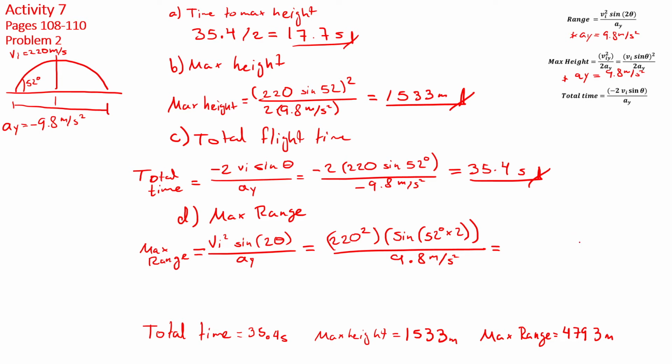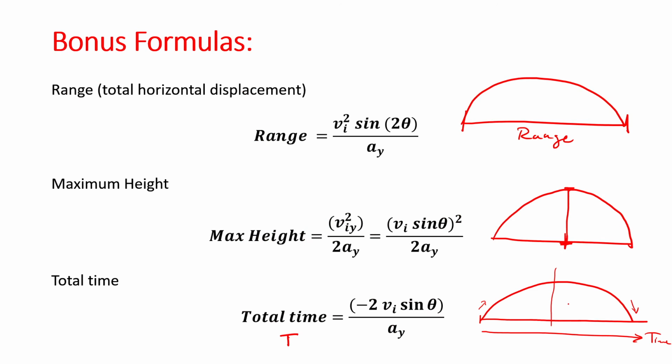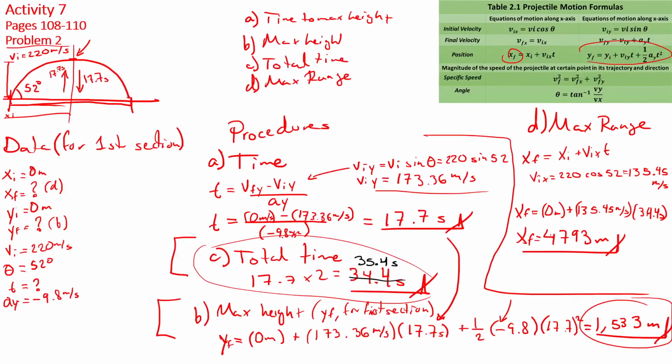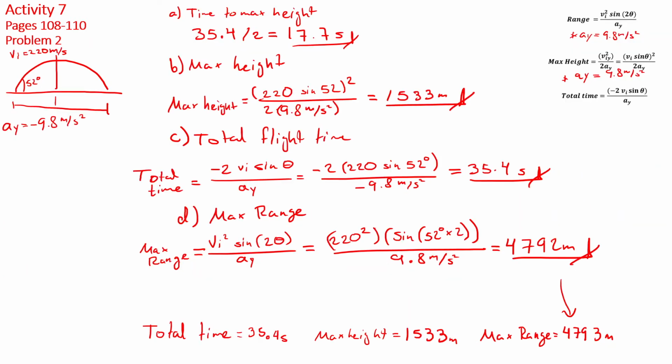I got 4,792 meters. That is very similar to the one that we obtained in the previous exercise. Again, this may be different because of the decimals that we omitted, but it's almost the same.